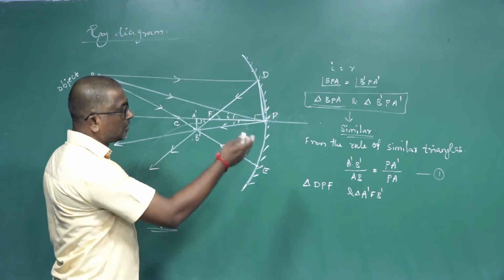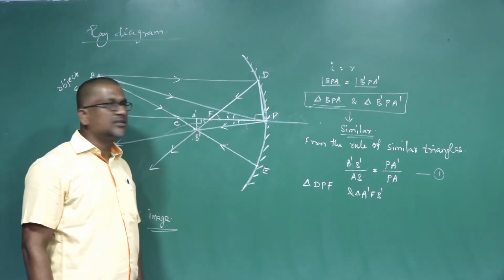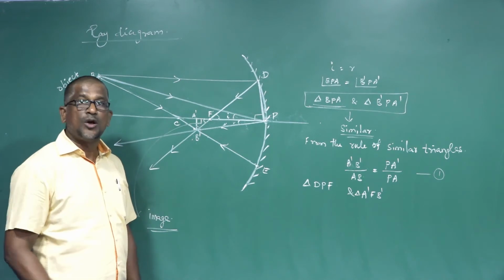We know that if two right angle triangles are similar, then their sides are proportional.